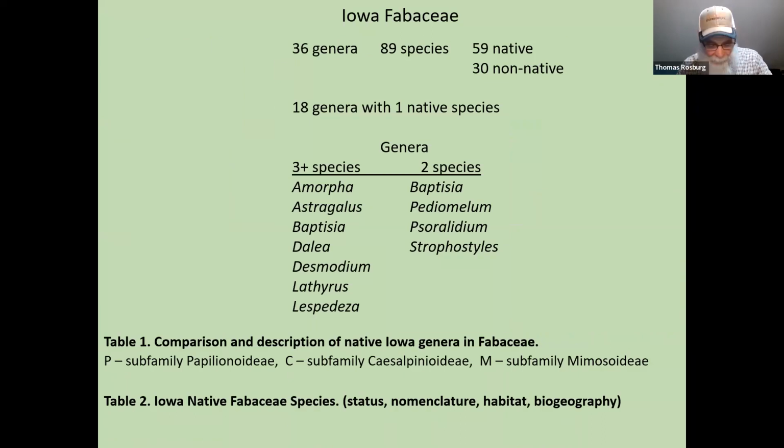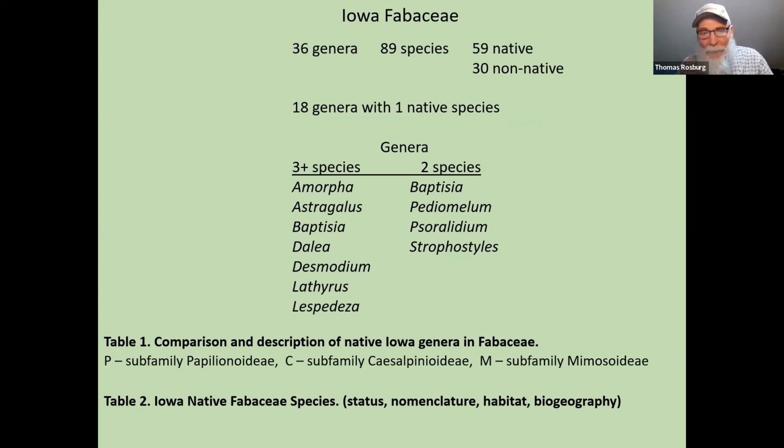So in Iowa, there's about 36 genera. Now this is based on Eilers and Roosa. If you don't know what Eilers and Roosa is, it's the standard reference that we use for the Flora of Iowa. It came out in 1994. In 1994, it was a pretty good list of all of the species that were native or naturalized in Iowa.